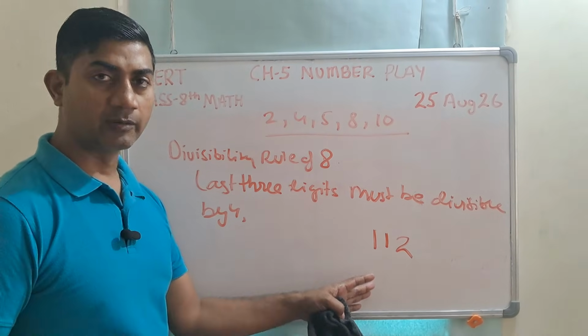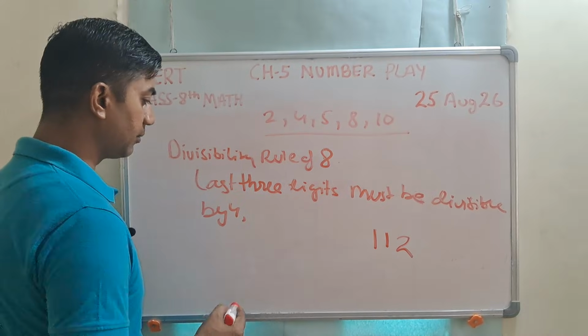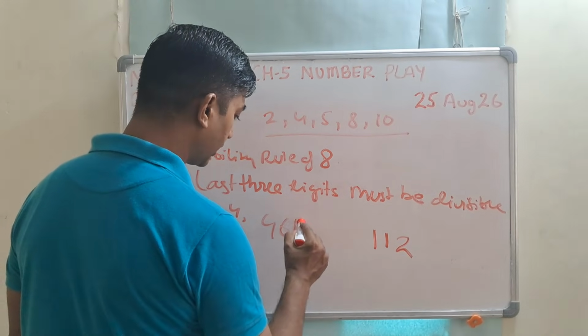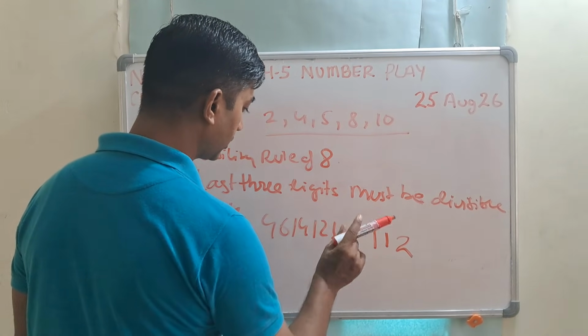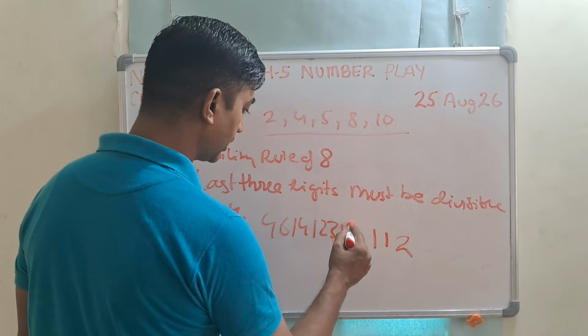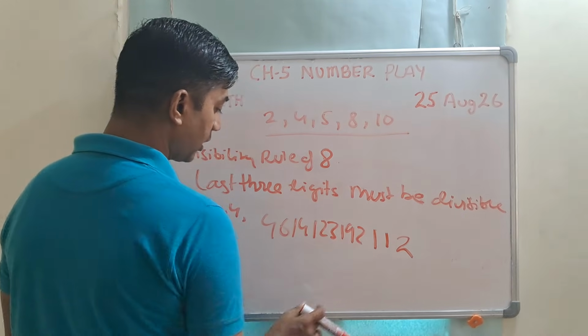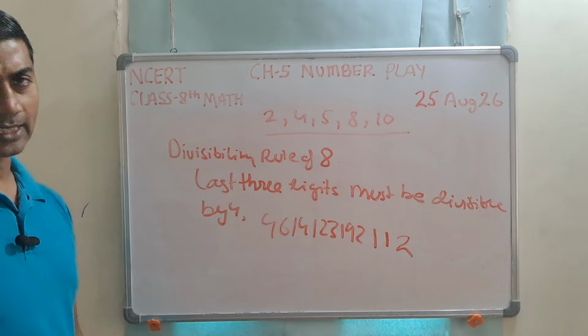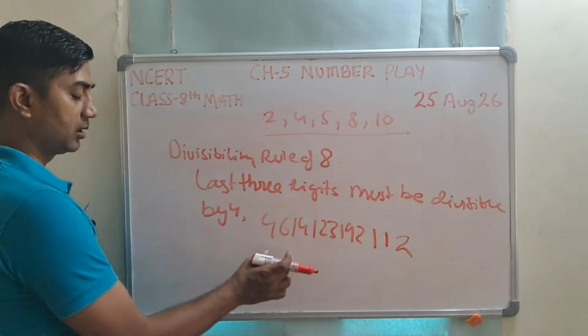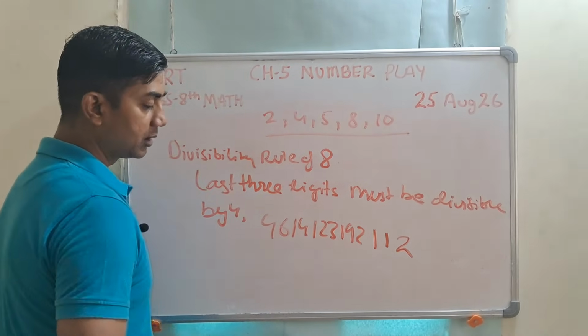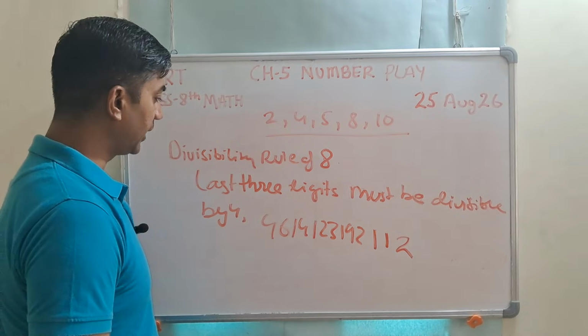But dividing a 3-digit number is an easier task when you have a number like 3614123 or 3192, any big number, and you have to find out whether it is divisible by 8 or not.